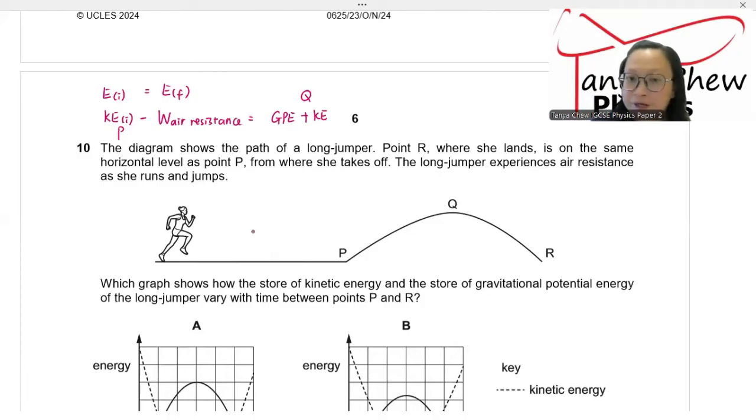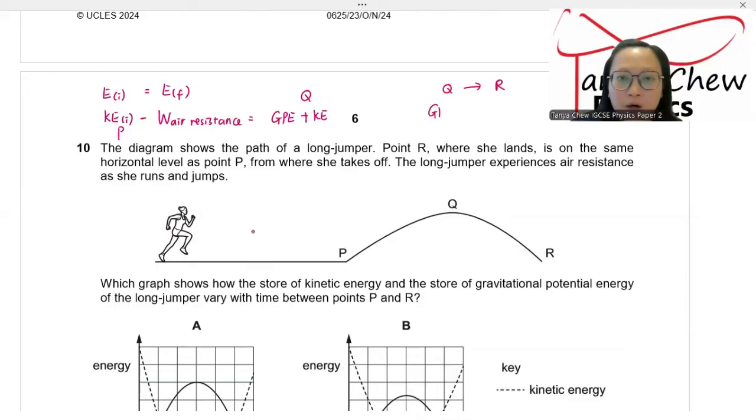Why is there kinetic energy? Because the long jumper is still running at Q. And to R, all the gravitational potential energy will be transformed back to the kinetic energy. Right, this is from P to Q, and from Q to R, kinetic and gravitational potential energy from Q to R, I better write it down for you.